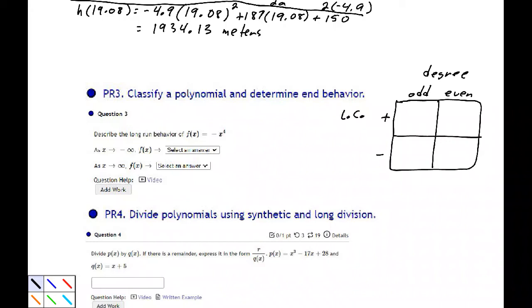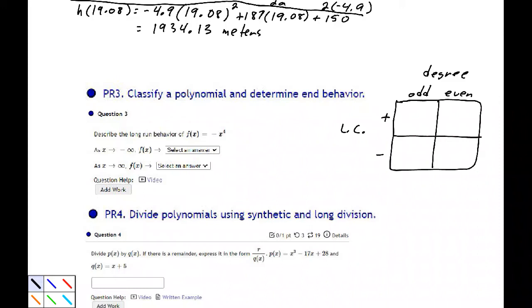So our choices here are a function that is an odd positive, an odd degree and a positive leading coefficient, an even positive, which is an even degree and a positive leading coefficient, odd negative, which is an odd degree with a negative leading coefficient, and an even negative, even degree but with a negative leading coefficient.